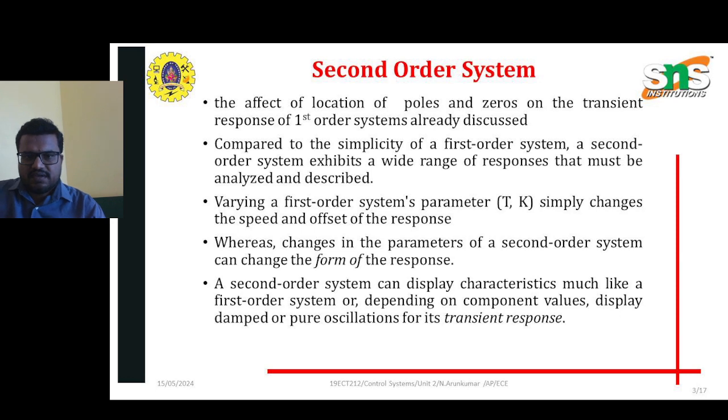The second order system can display characteristics much like a first order system, or, depending on component values, display damped transient responses. By using this, we can predict the delta factors with respect to the different damping conditions.